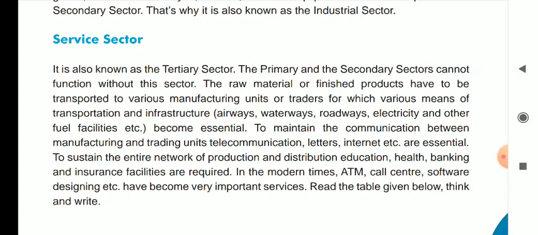To maintain the communication between manufacturing and trading units, telecommunication, letters, internet, etc. are essential.